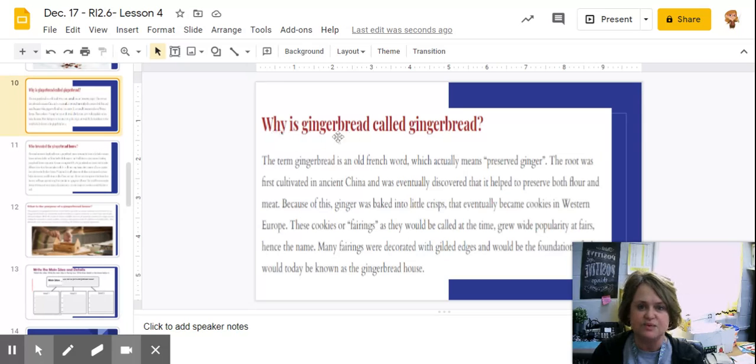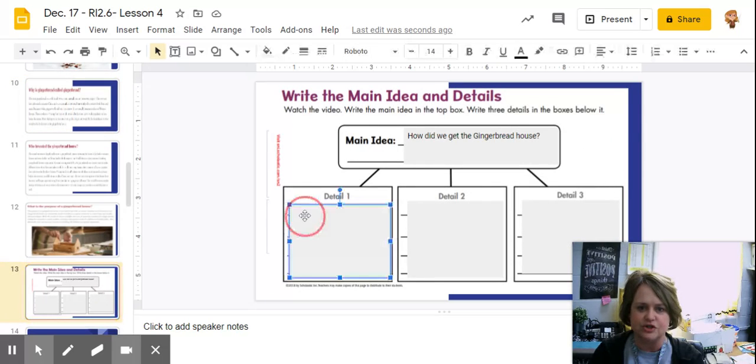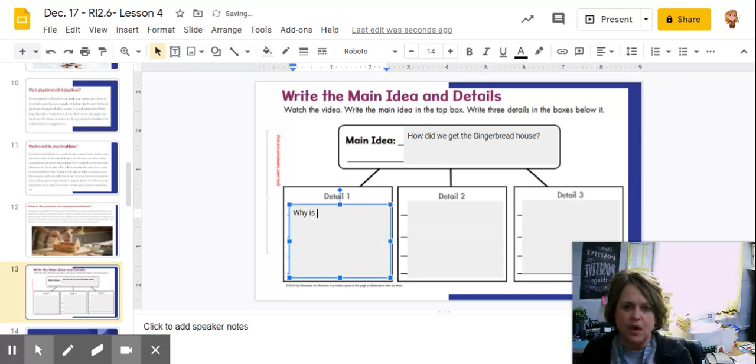So this heading says, why is gingerbread called gingerbread? And the answer is because it is called gingerbread because it is made of ginger.